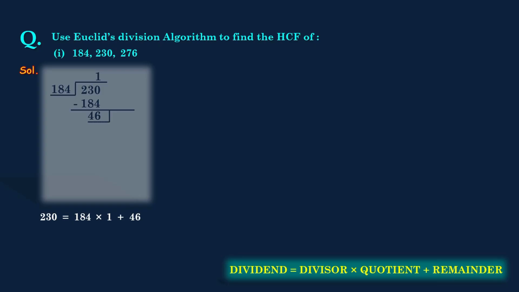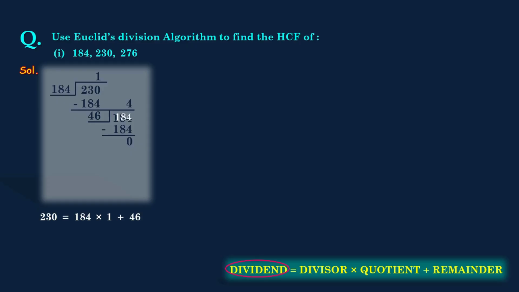We'll keep on doing this process until we get the remainder as 0. So now this remainder 46 will become the divisor and the earlier divisor, that is 184, will become the new dividend. Let us divide it. 46 into 4 is 184 and there is no remainder.